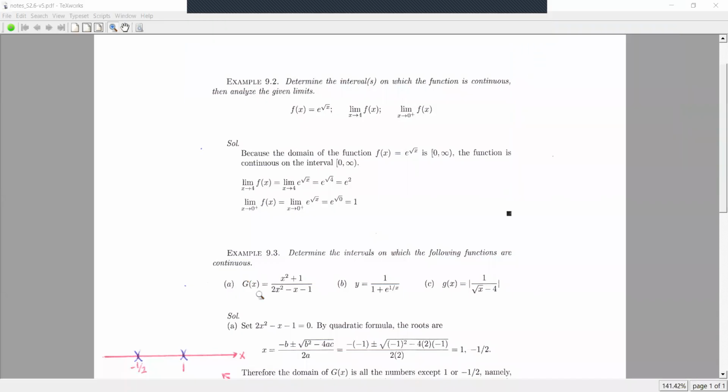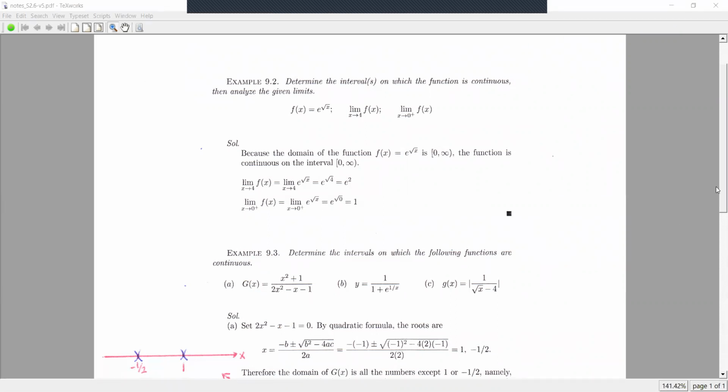To find the domain of this function, set the denominator to 0 and solve this equation by quadratic formula. Then we get x is 1 and negative 1/2. At these 2 points, function g is not computable or not defined because at those 2 points, the denominator is 0.